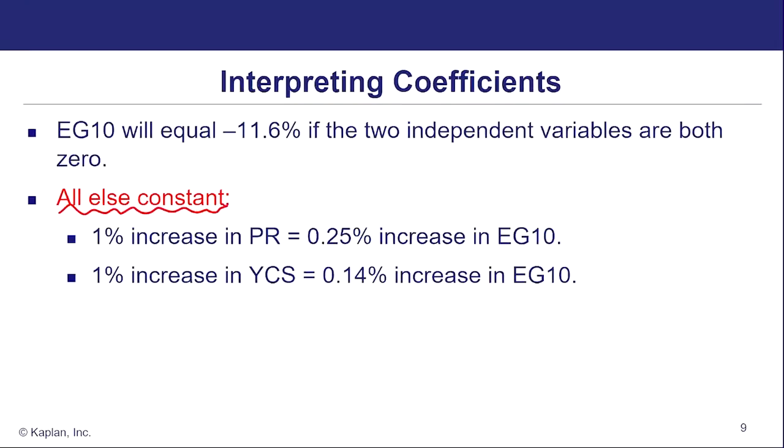Again, all else constant. Similarly, a 1% increase in YCS would result in a 0.14% increase in earnings growth rate. Both of these coefficients in our regression output are positive, and that is why you see the same direction. An increase in X results in an increase in Y, because both are positive values of the slope coefficient.